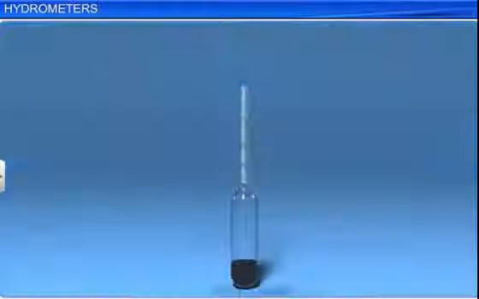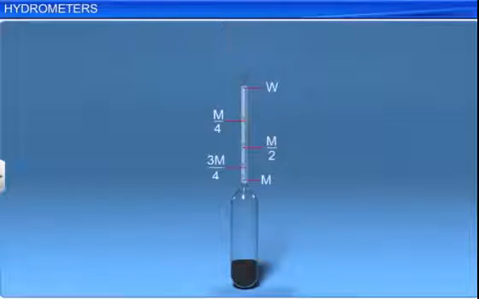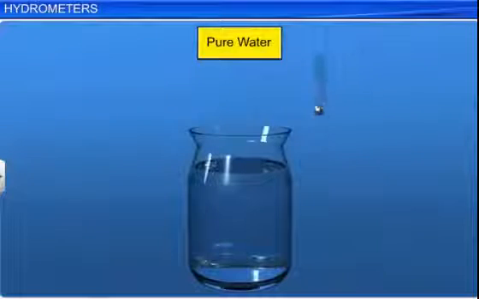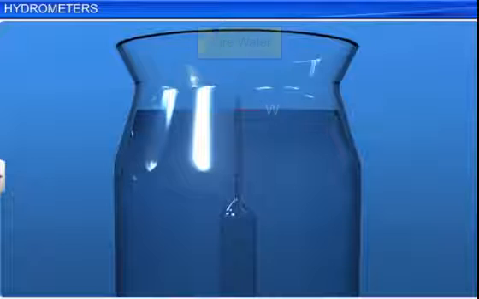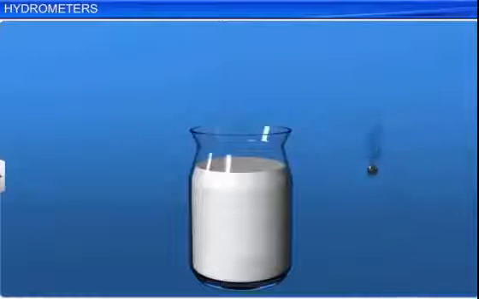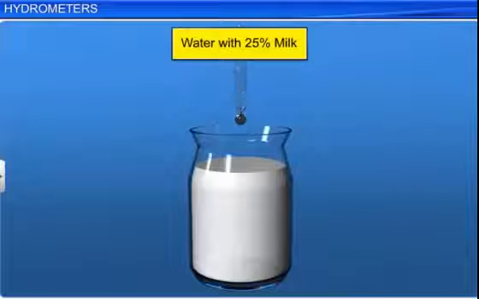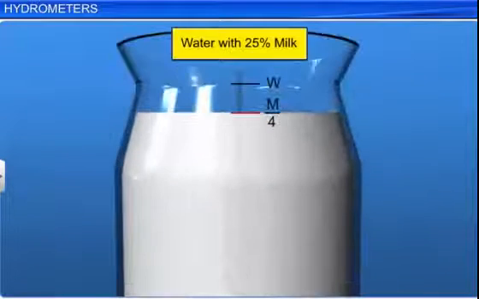Most commercially available lactometers have 5 prominent markings: W, m/4, m/2, 3m/4 and m. When placed in water, the lactometer dips to the level W. The lactometer dips to the level m/4 if the sample contains only 25% milk.